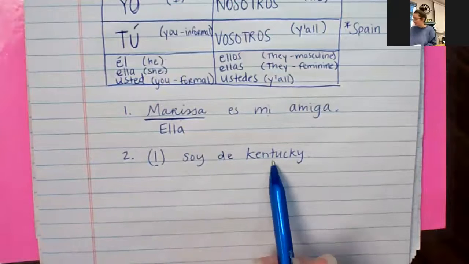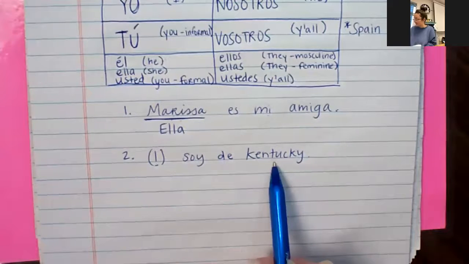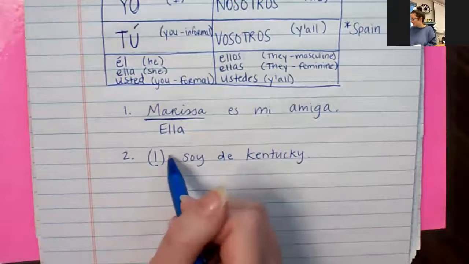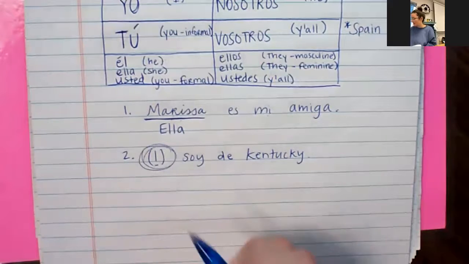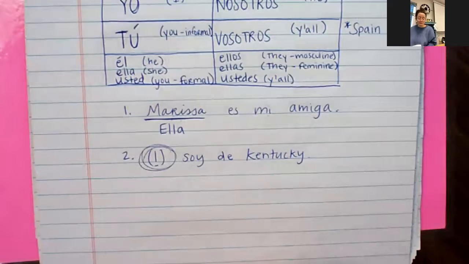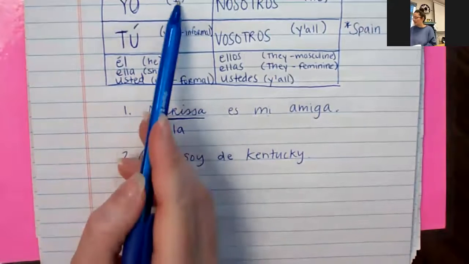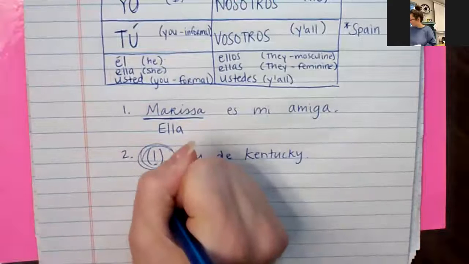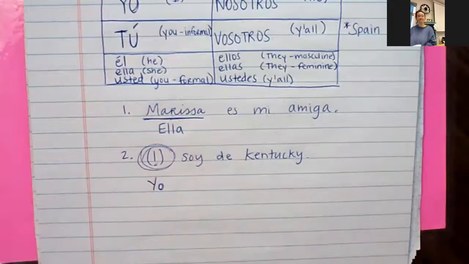So soy de Kentucky is just I'm from Kentucky. It does not have the subject pronoun in this sentence, the subject pronoun for I. So we're just going to sub it in. We're going to put it in there. And since we already know that the answer is I, we're just going to write in yo. And there we go.